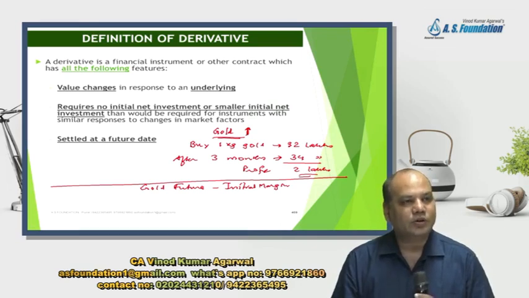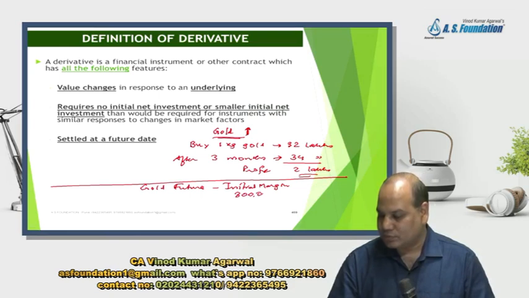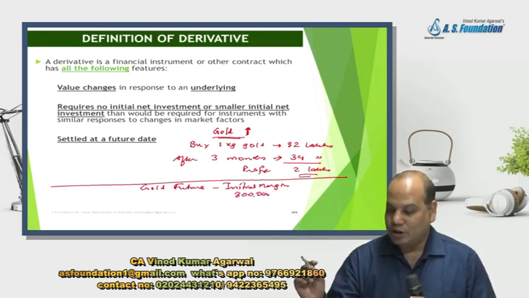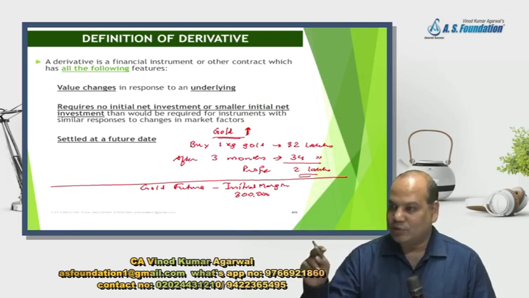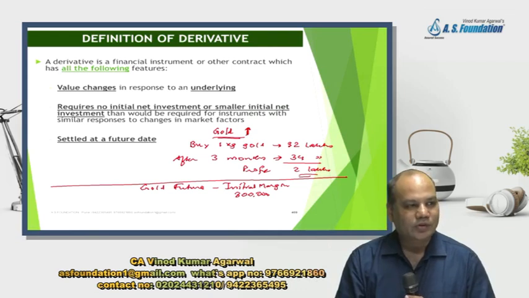It is like deposit money to ensure that you honor your contract. Let us suppose the initial margin you pay is 3 lakh rupees. You have entered into a future contract to buy 1 kg gold at 32 lakh rupees. Same contract, but it is a future now.